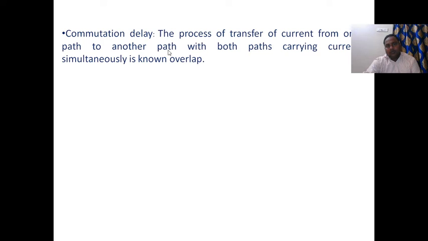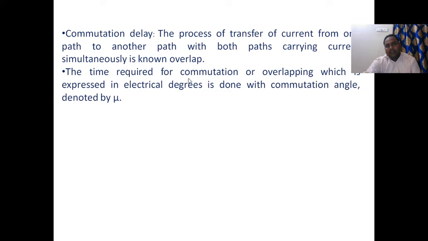Commutation delay, the process of transfer of current from one path to another with both paths carrying current simultaneously, is known as overlap. The time required for commutation or overlapping, expressed in electrical degrees, is given by the commutation angle represented by mu.